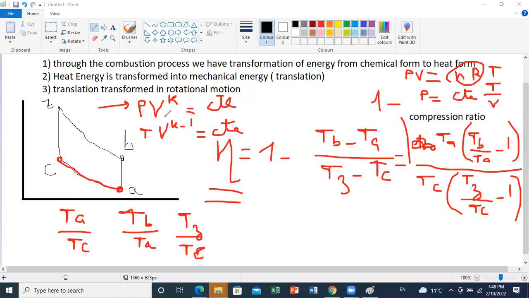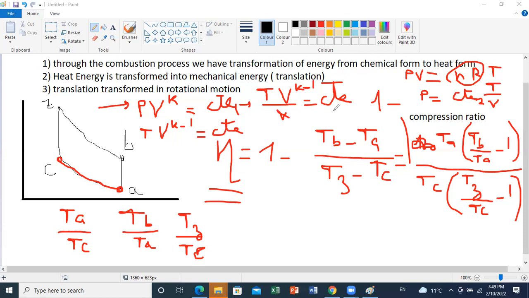So plug in instead of P a constant. Of course, this is constant 1, this is another constant 2. So I can lump constants together into one constant value. And if I replace P by T over V, I get the following. I get T times V to the power K over V is equal to another constant. So now, by simplifying one V, I get TV to the power K minus 1 equals constant.